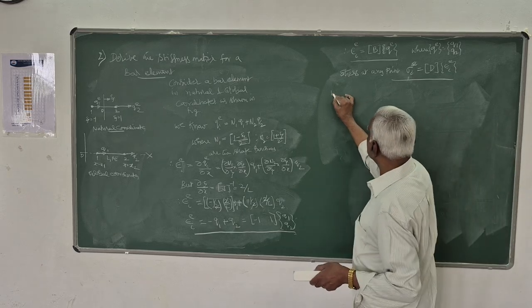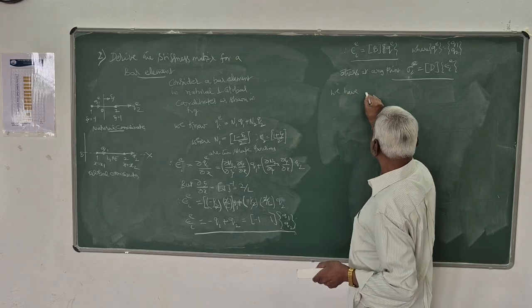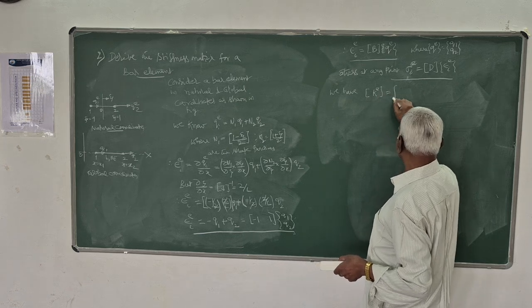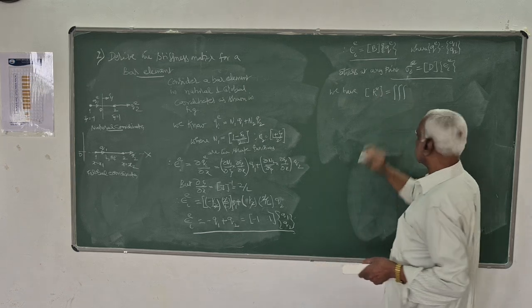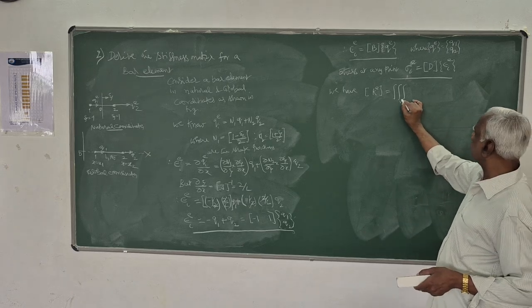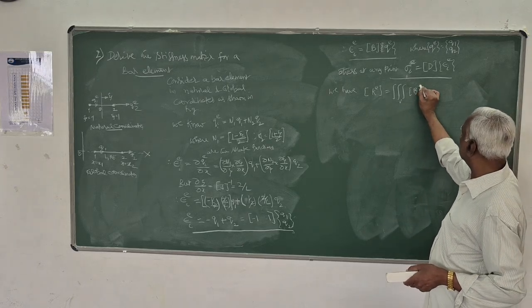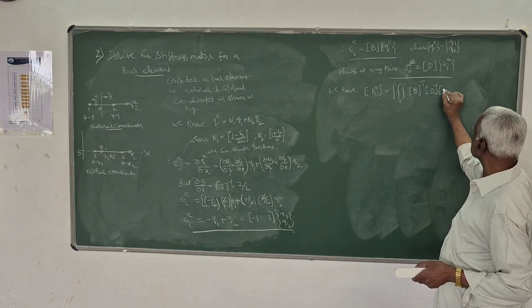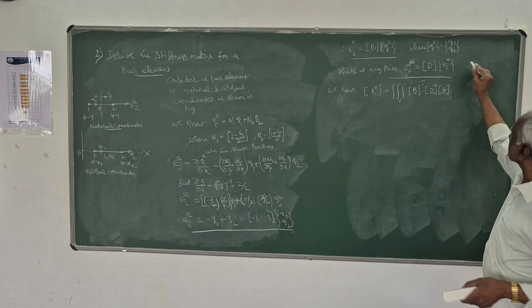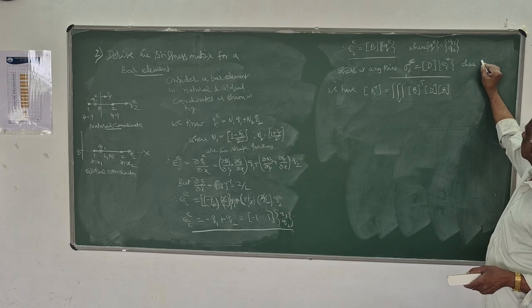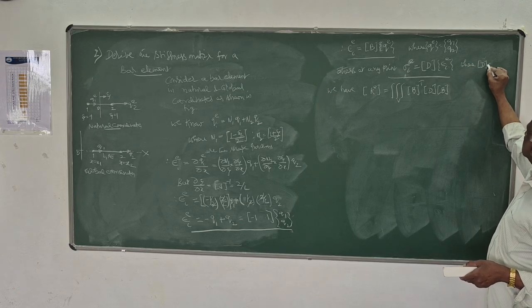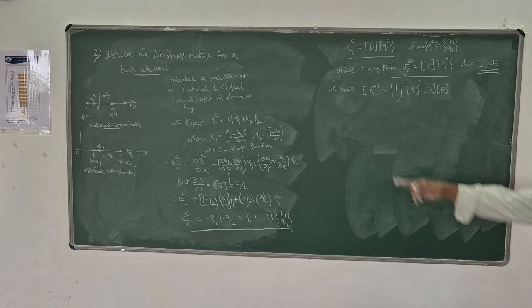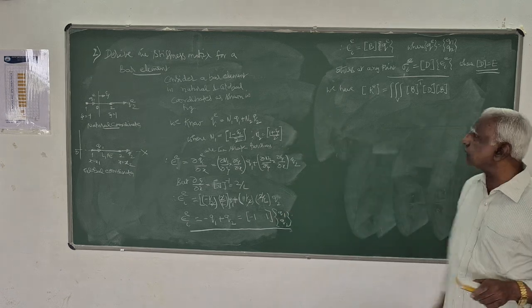So we have K, the element stiffness matrix, which I just derived. It is given by the volume integral of B transpose D B dV. Here, as I already told, A, and D is the constitutive matrix for the bar element.